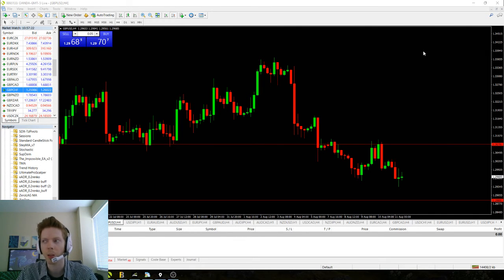Scaling in is another one. Martingaling is another. There are so many different ideas behind it. If you look it up, you'll get general knowledge with a lot of different aspects. But there isn't some special area I can point you to for basket trading because it's a very general term and people take it in multiple ways.